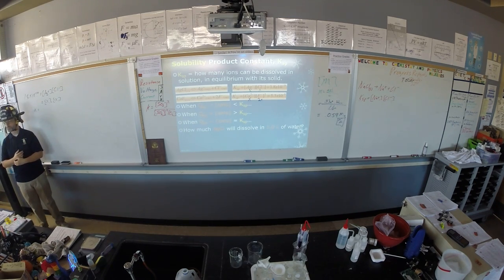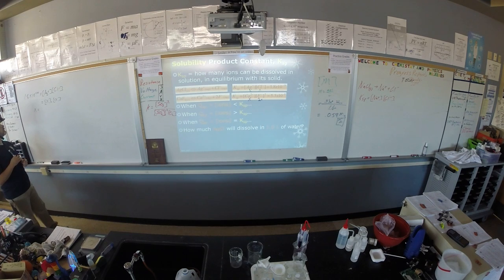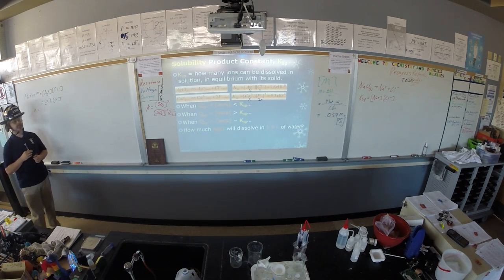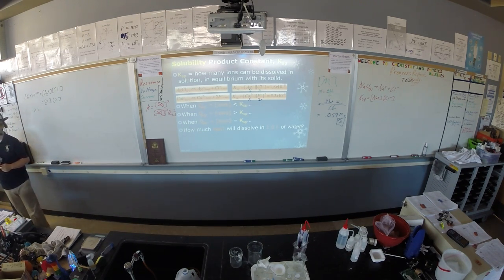Then work backwards. I'm hoping it's going to be times 10 to the negative 5 because you're taking a square root.